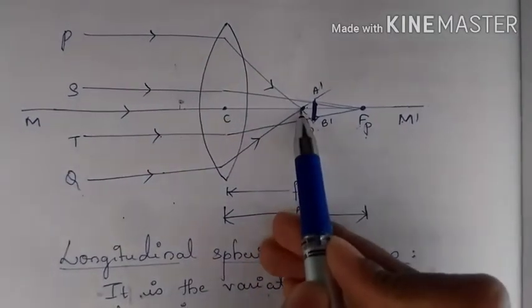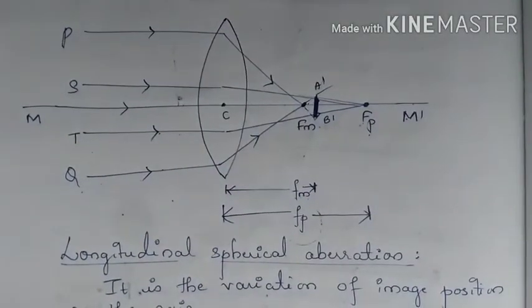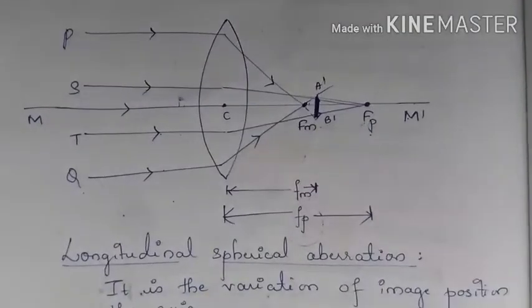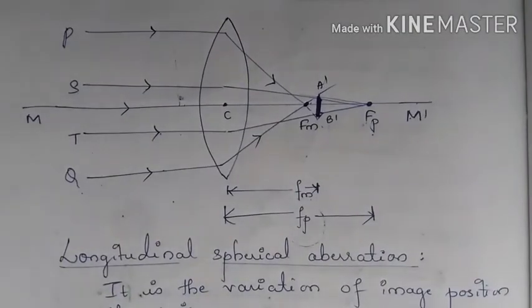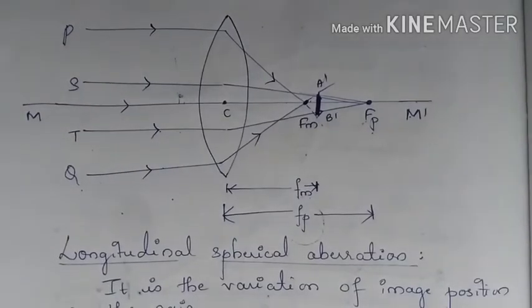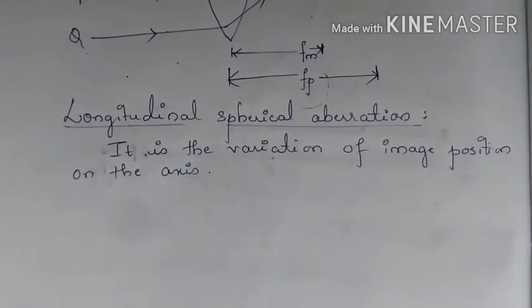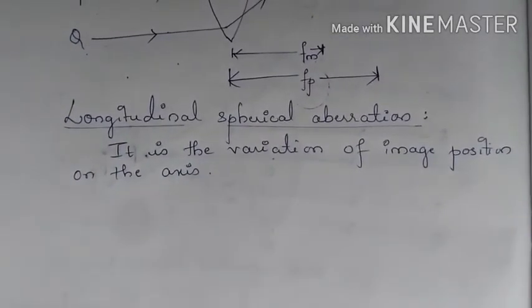Clearly you can observe from the diagram there are two different focal points. Hence the image position for the paraxial rays and the marginal rays is different. That variation in image position along the axis is known as the longitudinal spherical aberration.